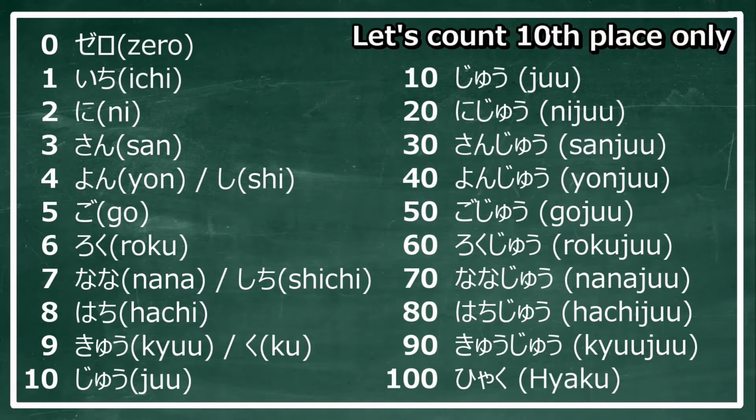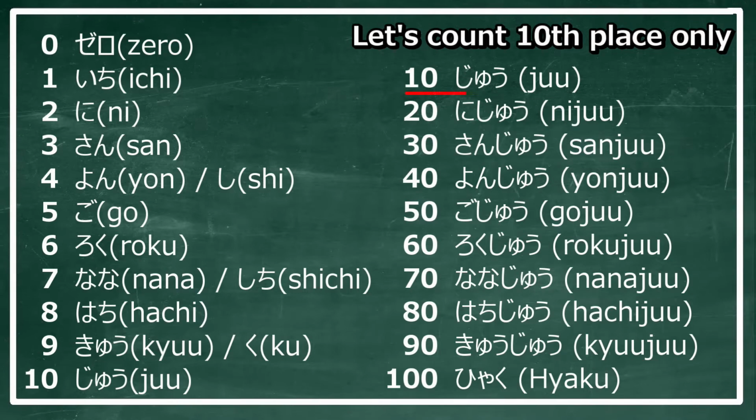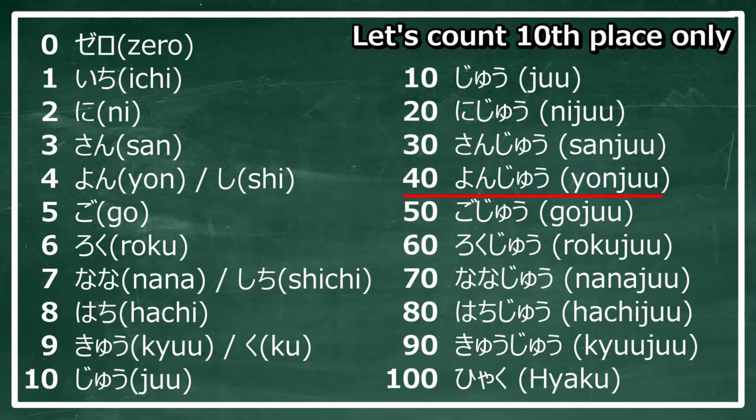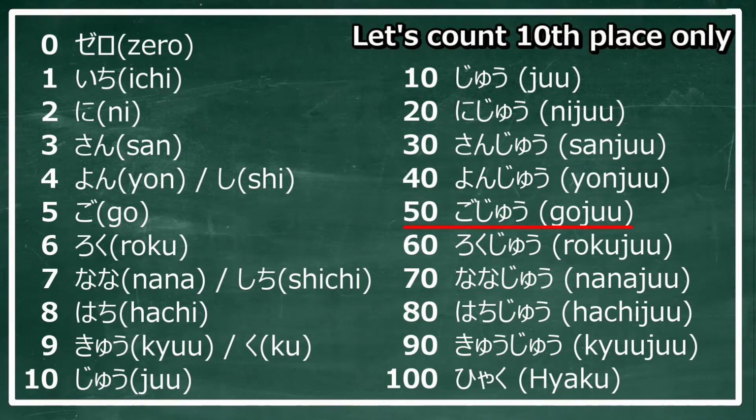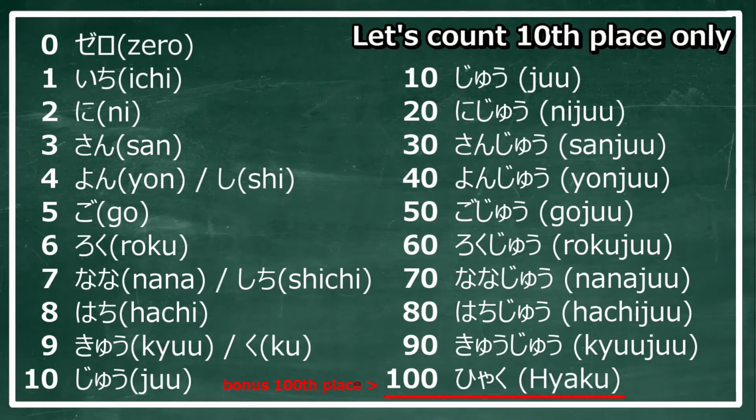Let's count the tens place only: 10 20 30 40 50 60 70 80 90 100. よくできました。Well done!